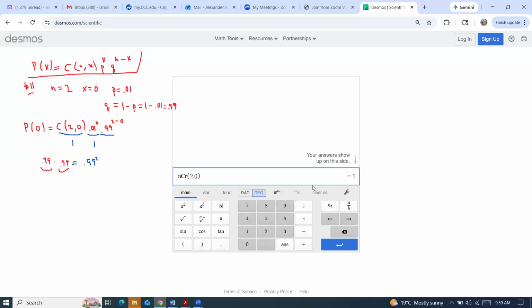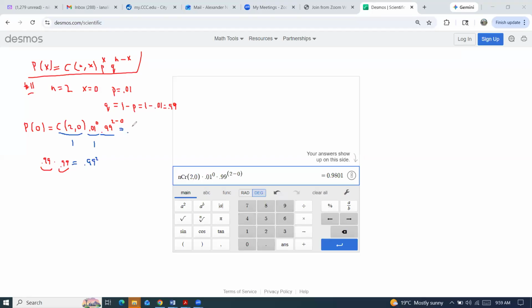So it is 1, and then you multiply this by 0.01 to the power of 0, and then put the cursor back on the base line, and times it again by 0.99, and I raise this to the power of 2 minus 0. I need to put it to the power. And the power of 2 minus 0, which is just a 2, of course, and we got ourselves the answer, which is about 98%.